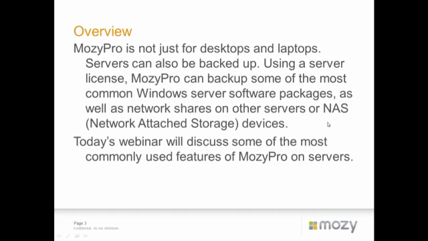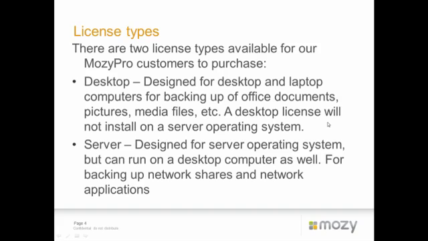Before we get too in depth here, we do need to do a little bit of definition. There are two types of licenses available to MozyPro customers. There's a standard desktop license, which you would use for a laptop or just a workstation.